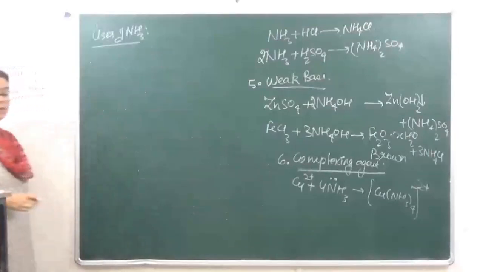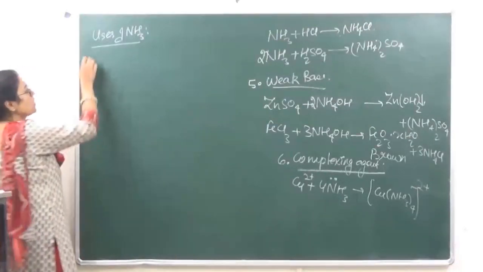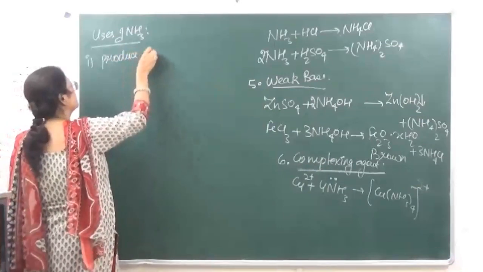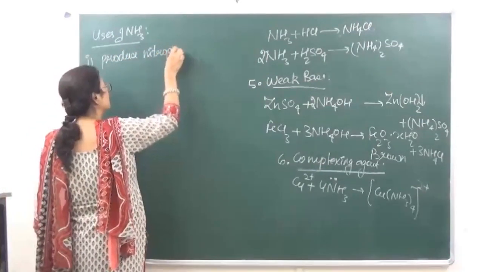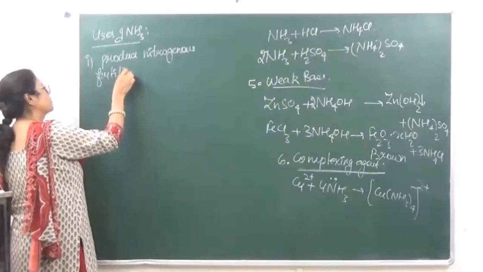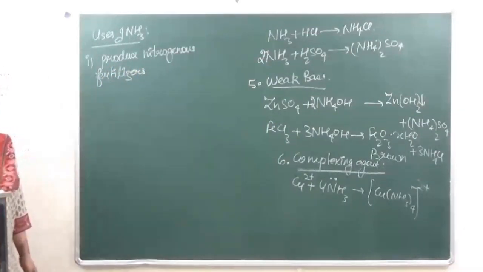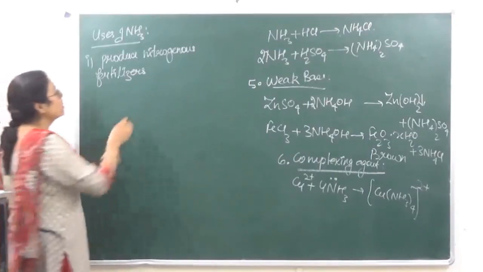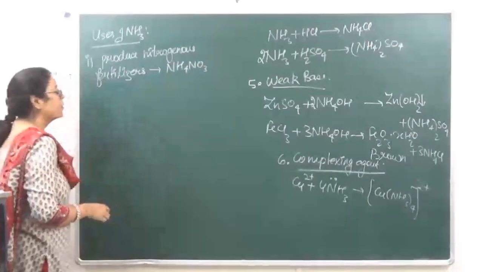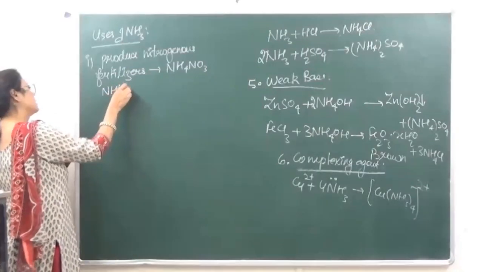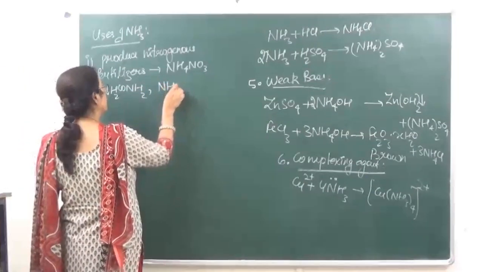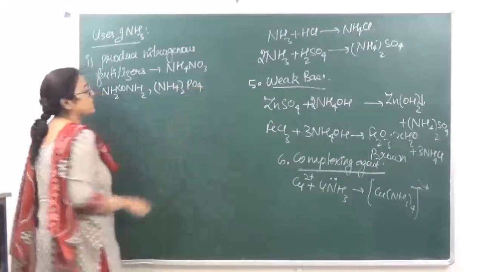The first use of ammonia is that it helps us to produce nitrogenous fertilizers. Which ones are they? For example, ammonium nitrate, urea, ammonium phosphate, etcetera.